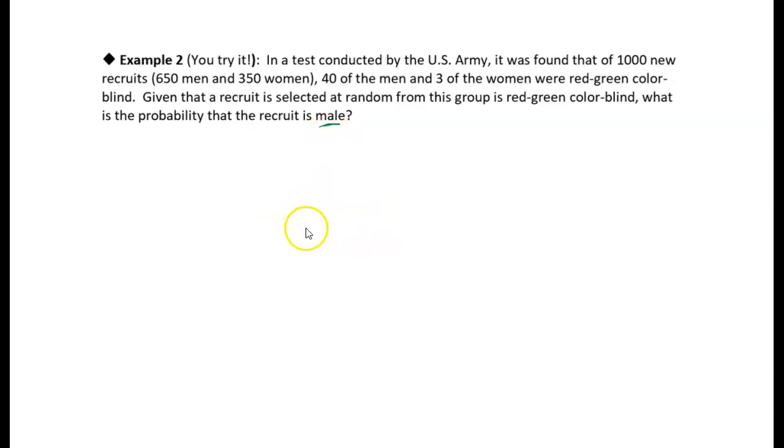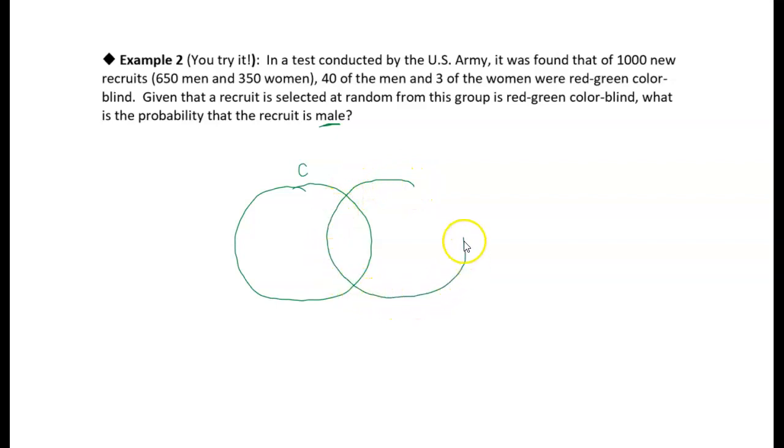I'm going to call the event of being colorblind C for colorblind. And the event of being male, we'll call it M for male, right? And they overlap, right? Some of those males are colorblind, so they overlap.